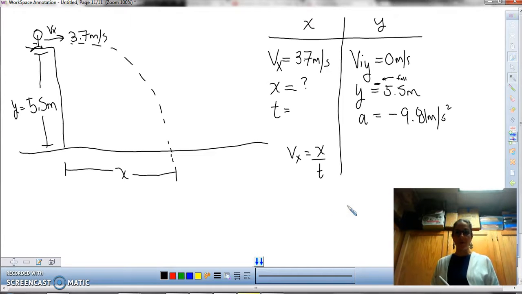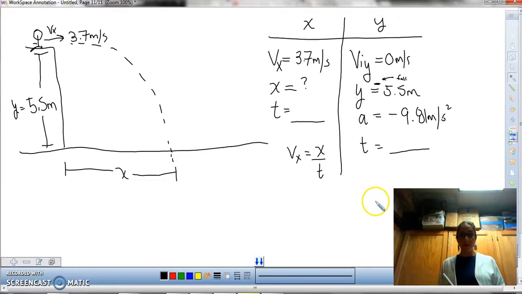At this point, you get a little stuck because you're like, oh no, I have 2 unknowns here. But remember, time is how we're going to connect these two. To find time, I'll see if there's a kinematic equation I can use, and then plug that into here.